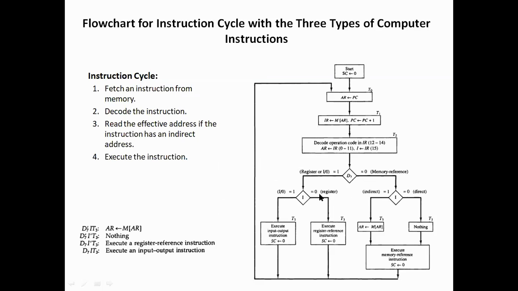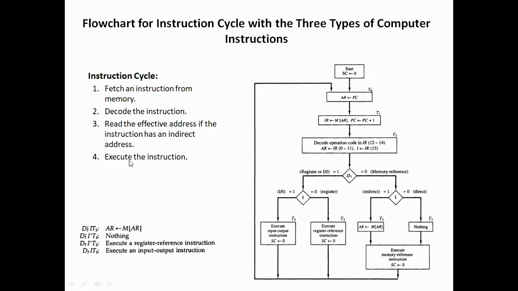Fine. Now we know here it is a register reference instruction. In a register reference instruction, obviously there will be no reading of the effective address. We directly have to operate on the contents of a register. Then we will go to step 4, execute the instruction. And in this direction also we have an IO operation: the operand will be directly taken from some IO device or given to an IO device.